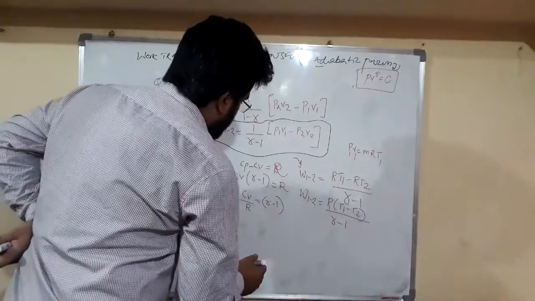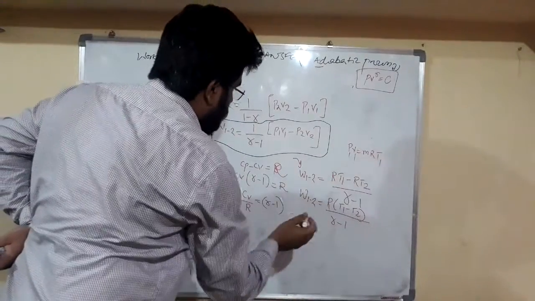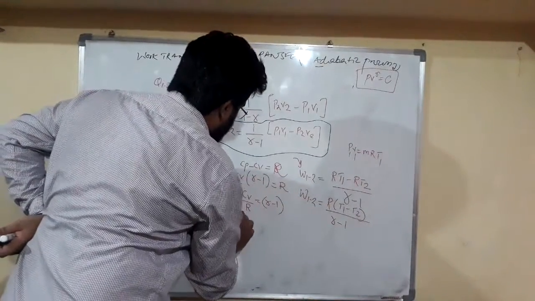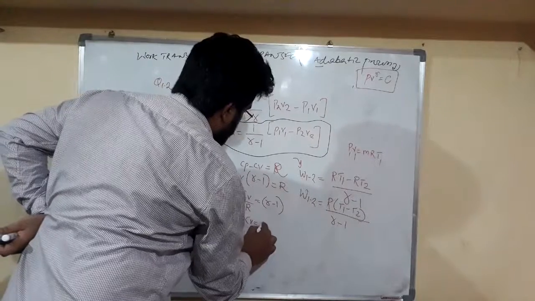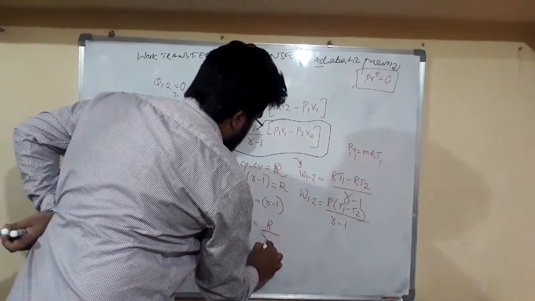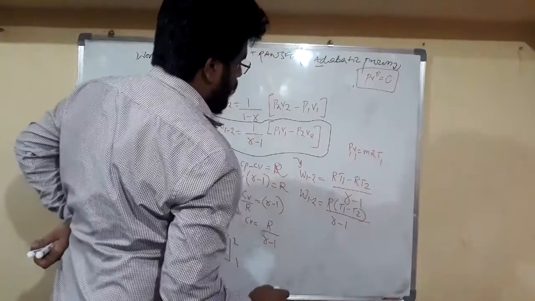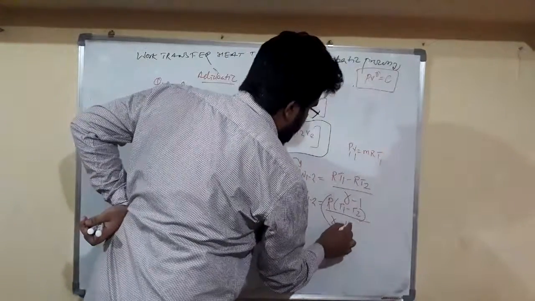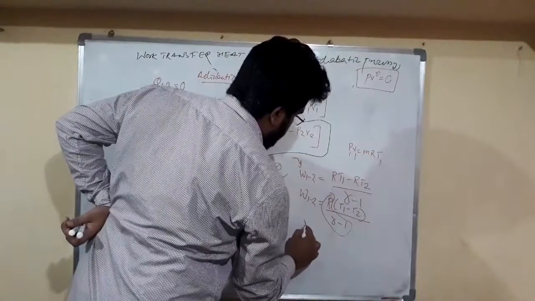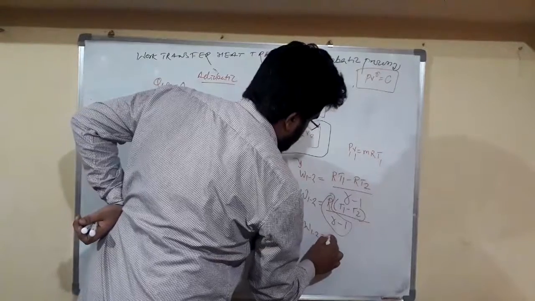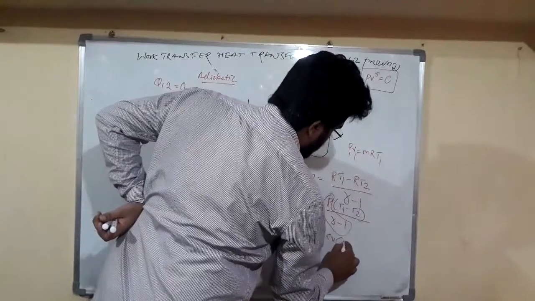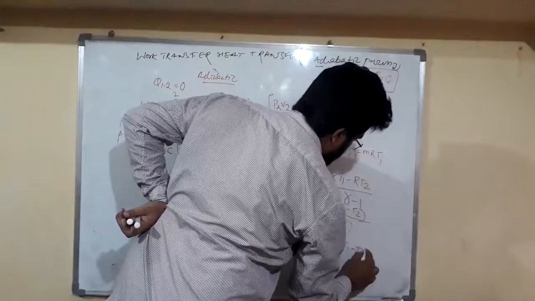Now friends, what happens here? From this, Cv is equal to R upon gamma minus 1. So R upon gamma minus 1 becomes equal to Cv, times (T1 minus T2).